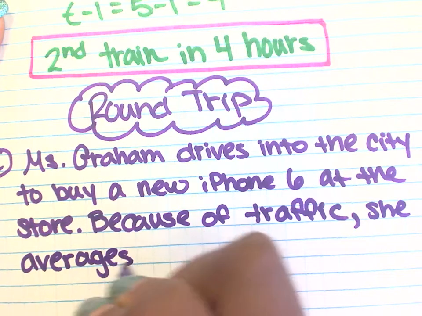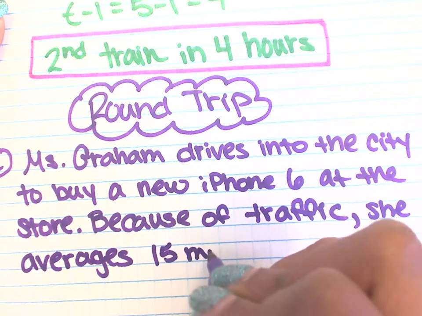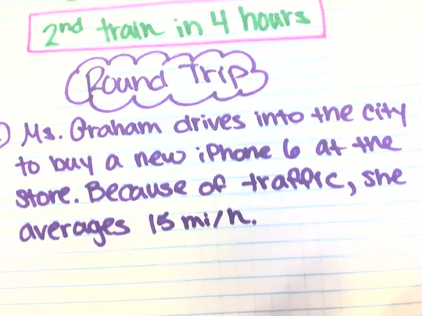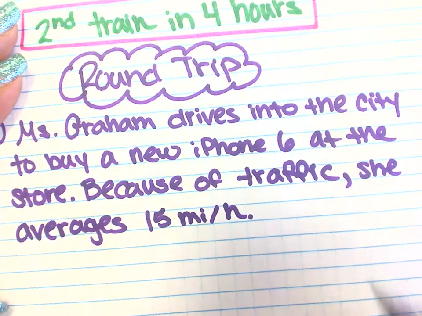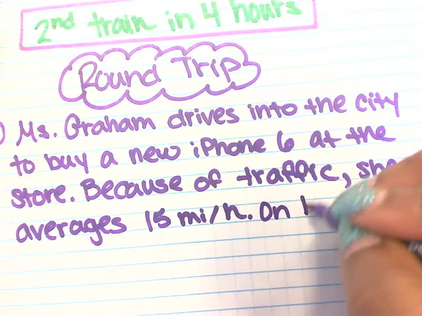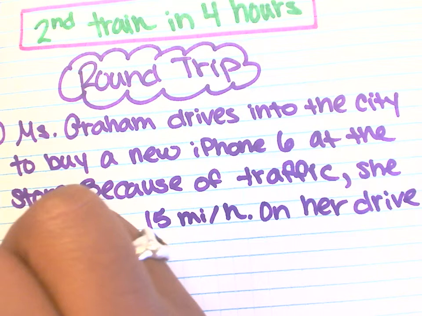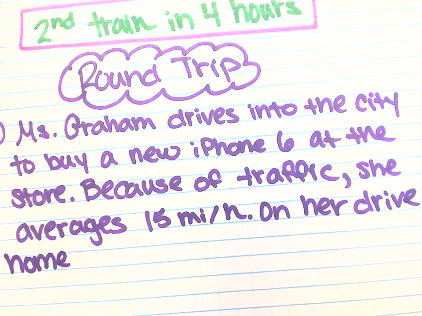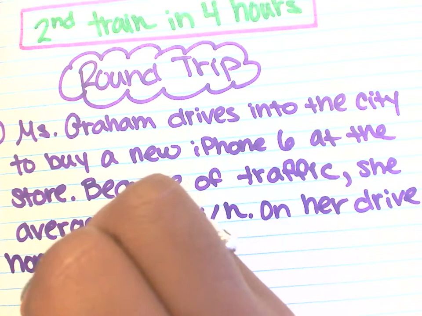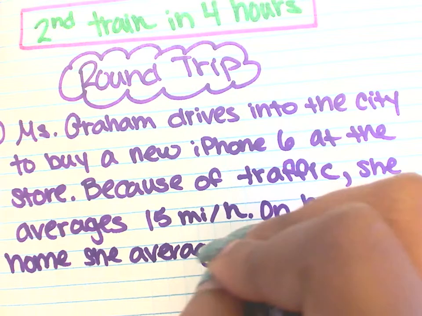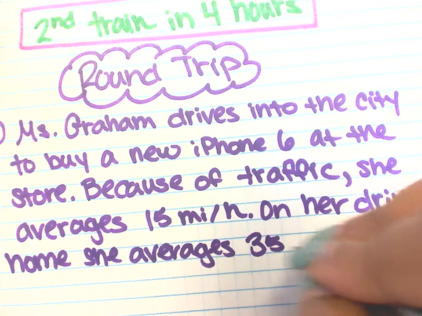So slow on the freeway. There is traffic. On her drive home, she averages 35 miles an hour.